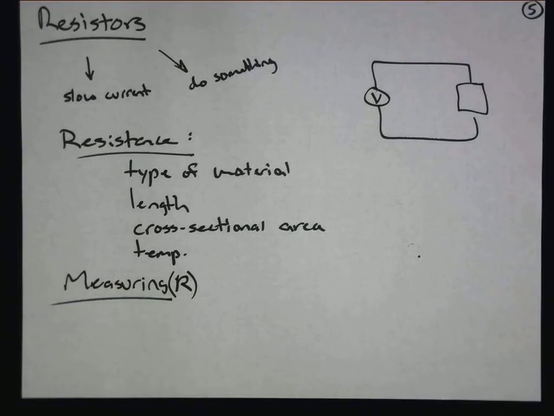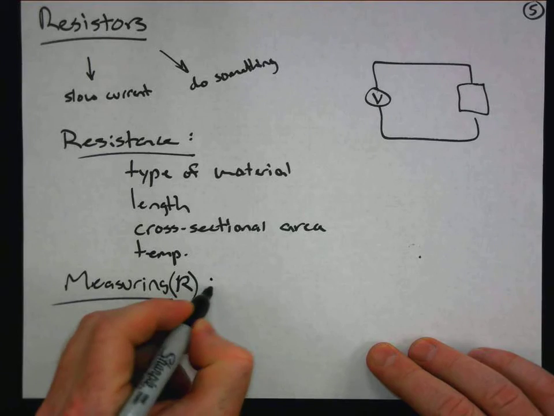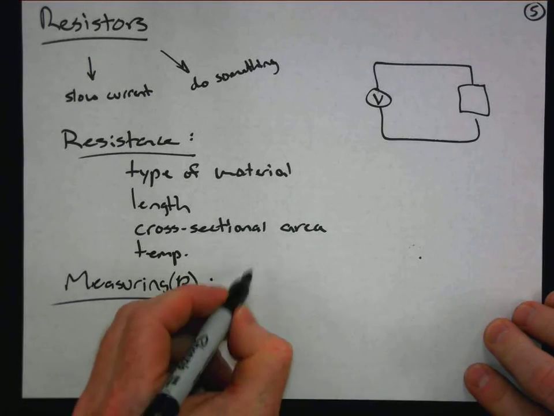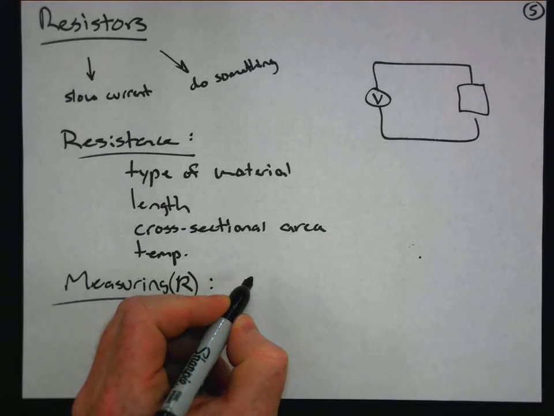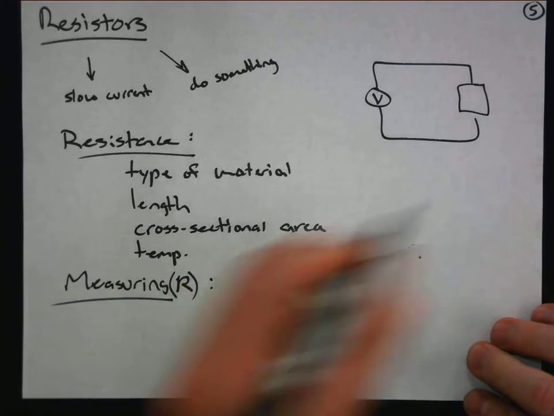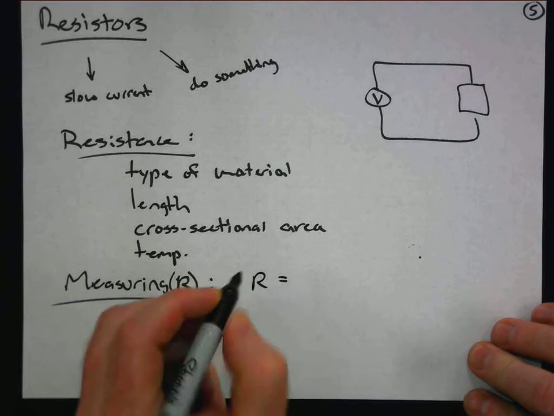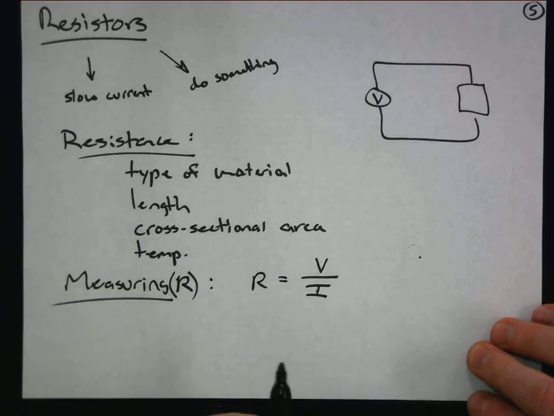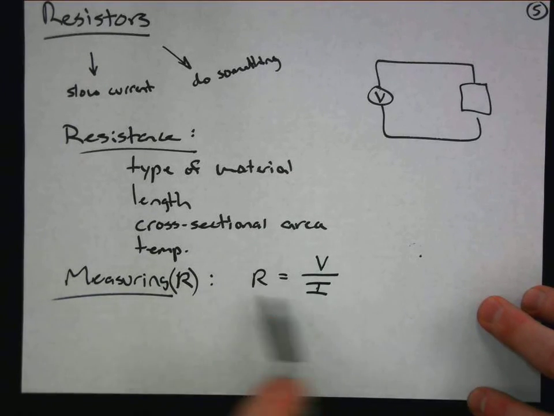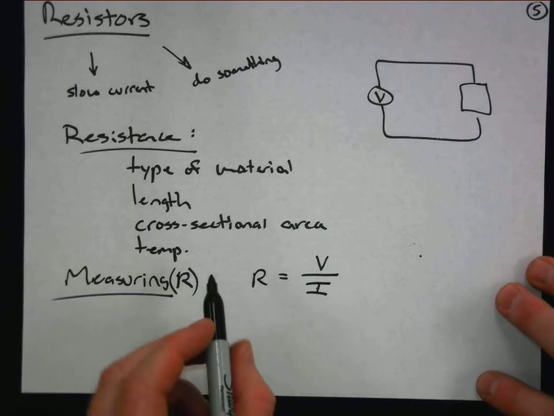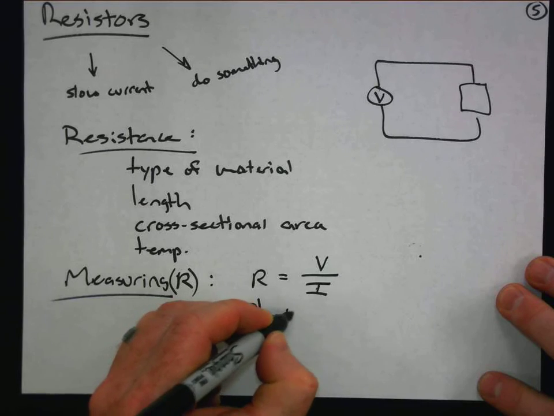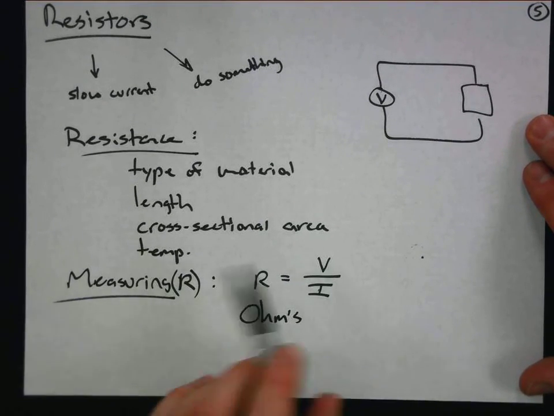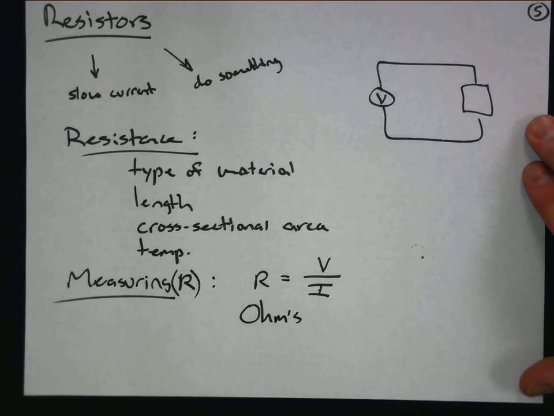Okay. Now, when you measure resistance, what you do is you essentially measure the voltage you're applying and the current that it produces, and the resistance you get is the voltage divided by the current that you see. So this right here is also known as Ohm's Law, named after, from you know, I think a couple centuries back.